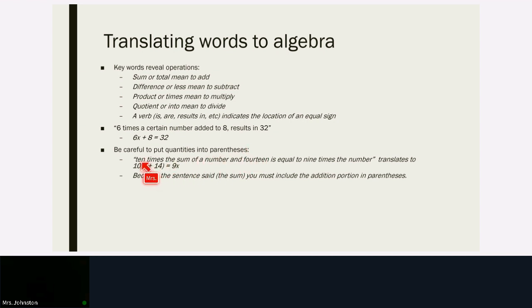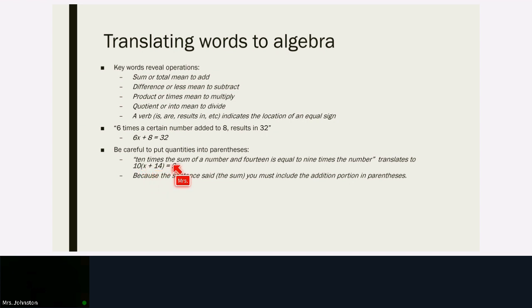So here's an example. 10 times the sum, there's one of those total words, of a number and 14, there's that word and, is equal to, there's your verb, 9 times the number. Notice it's not a different number, it's the same number. This is what it translates to. 10 times means it's going to be on the outside.